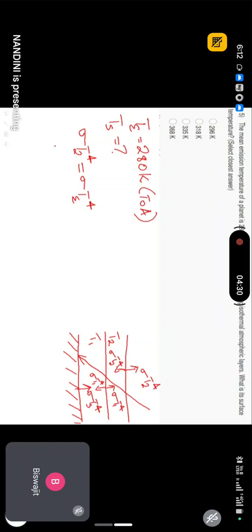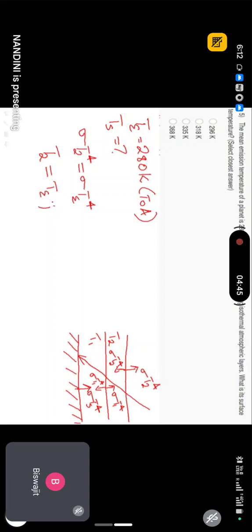So we can write T2 is equal to TE, the emission temperature given in the question, which is 280 Kelvin. Now let's see the relation between Ts and T2.